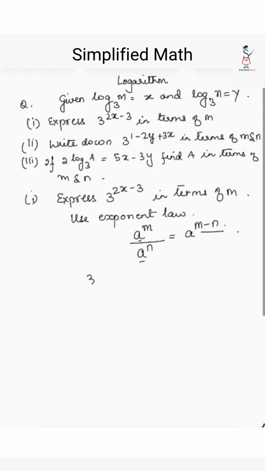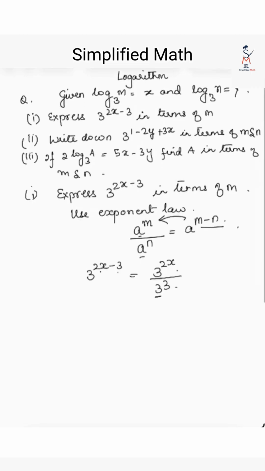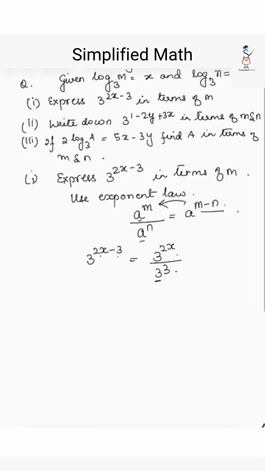So here the powers are given in subtracted form. So this has to be 3 raised to the power 2x by 3 raised to the power 3. The bases are same, the powers get subtracted. Fine, we can write this as this.